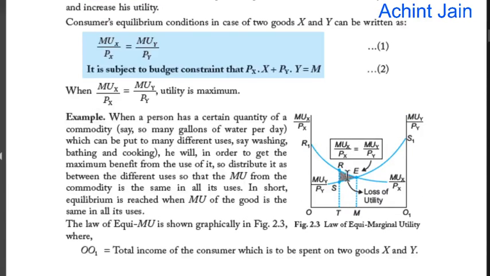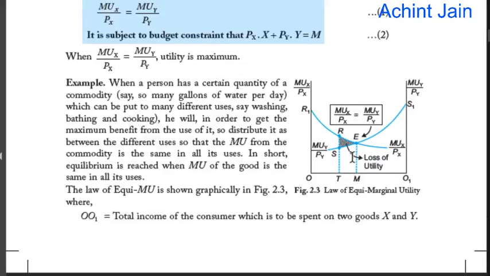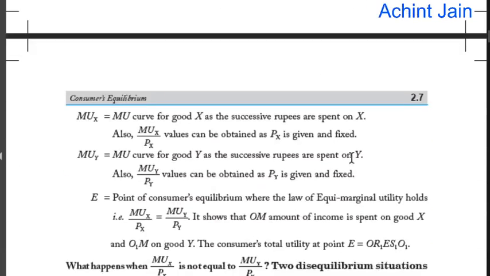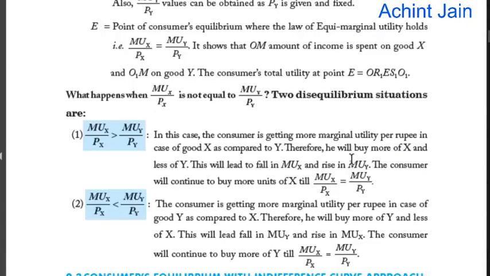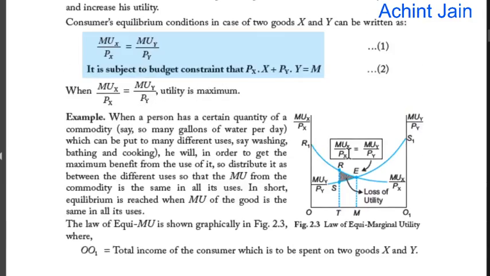The equilibrium point is where MUx upon Px and MUy upon Py are equal. You can go by the table as well. That is consumer equilibrium in the case of one product and two products.